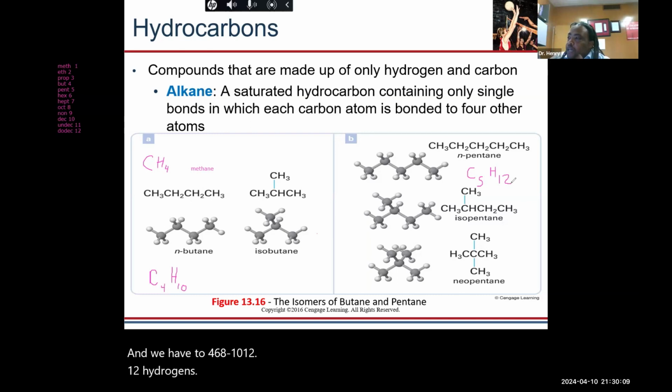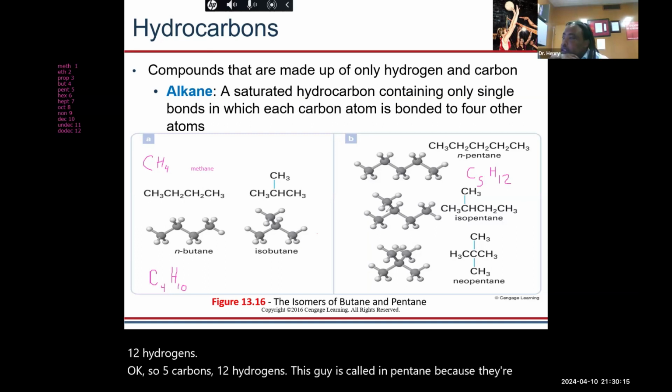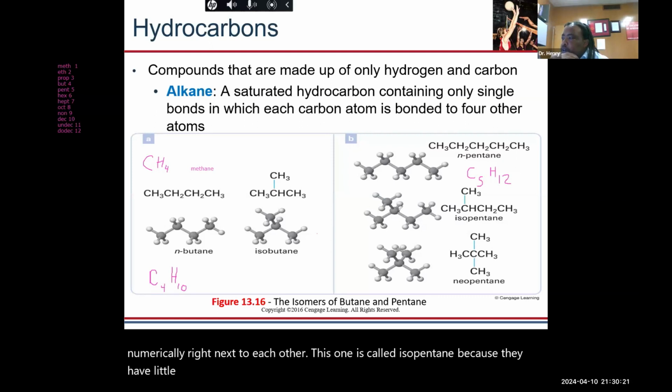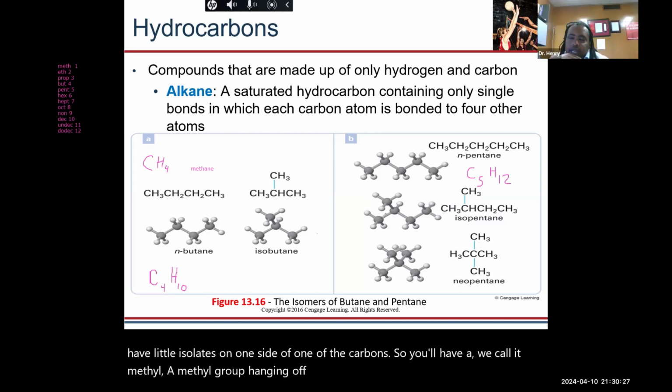So 5 carbons, 12 hydrogens. This guy is called n-pentane because they're numerically right next to each other. This one is called isopentane because they have a methyl group hanging off one of the carbons. So that's the reason it's called iso.